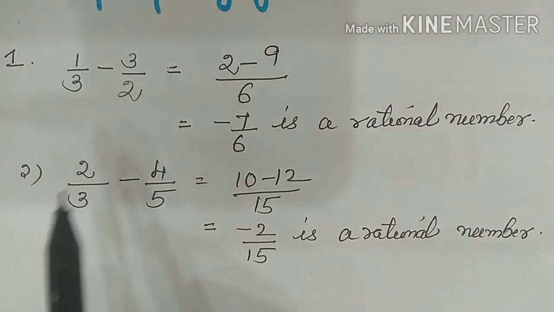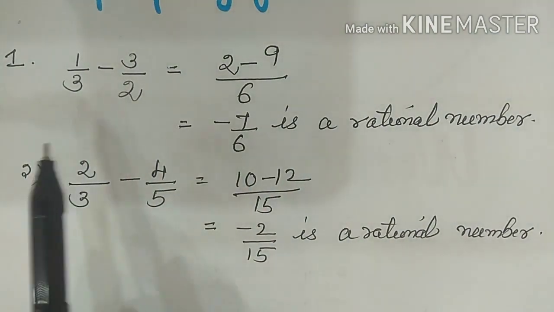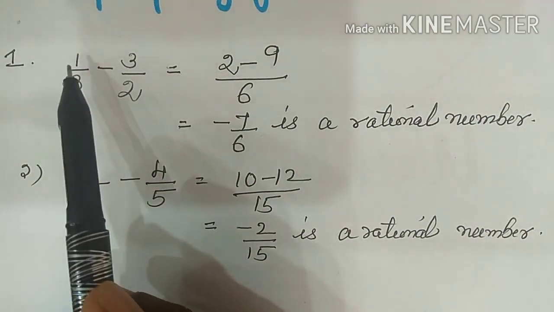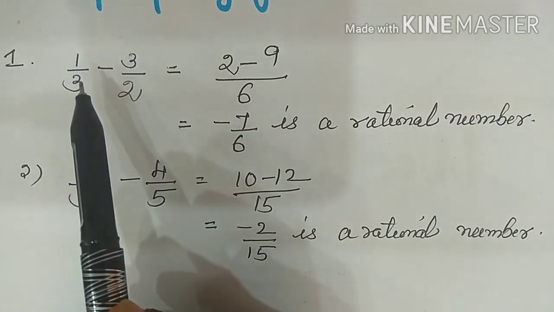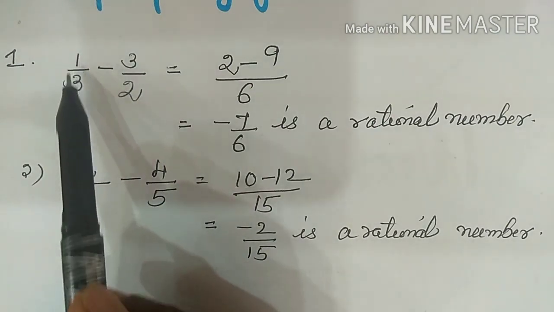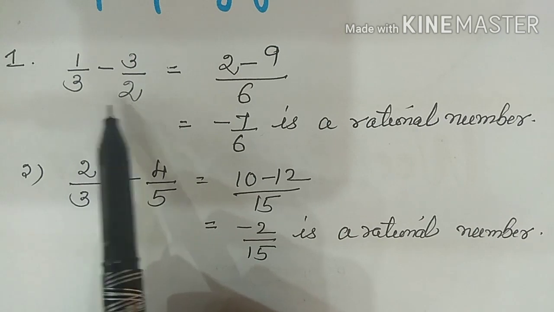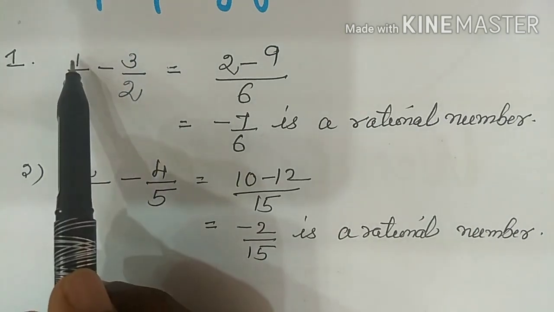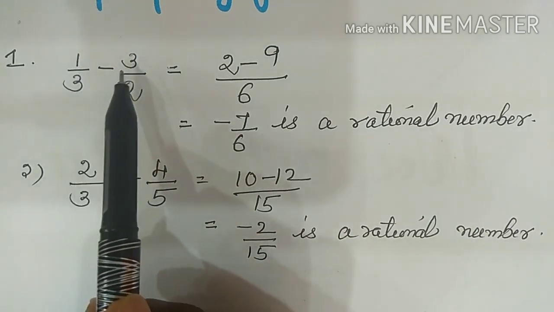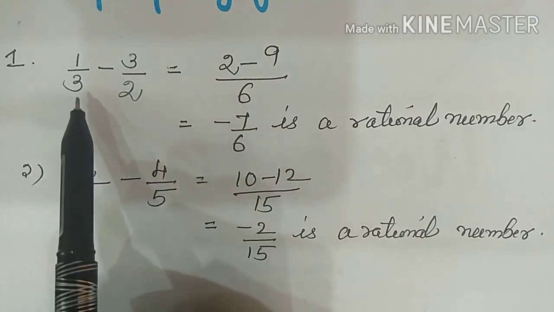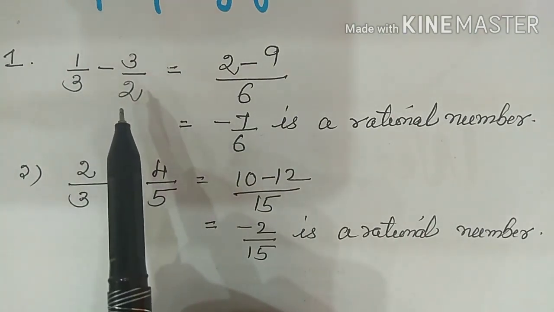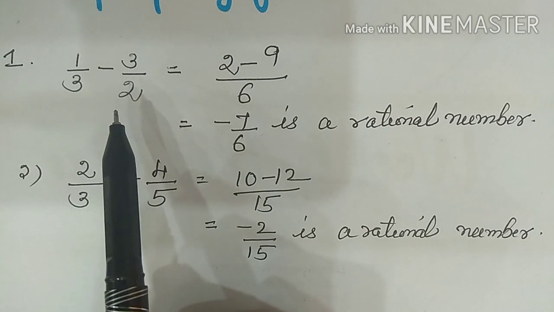So let's observe the following examples. First of all, let's take the difference of 2 rational numbers, 1 by 3 and 3 by 2. Let's take the difference, that is 1 by 3 minus 3 by 2. Here denominators are different. Denominators are 3 and 2.